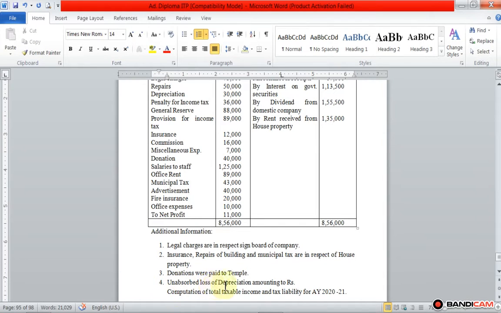Then unabsorbed loss of depreciation amounting to rupees 45,000. Okay, so this unabsorbed loss is brought forward and deducted from the net profit. So here we read the additional information.